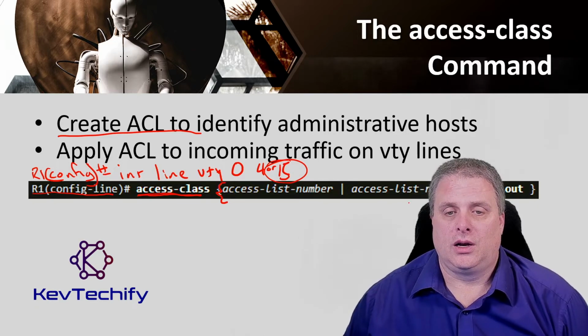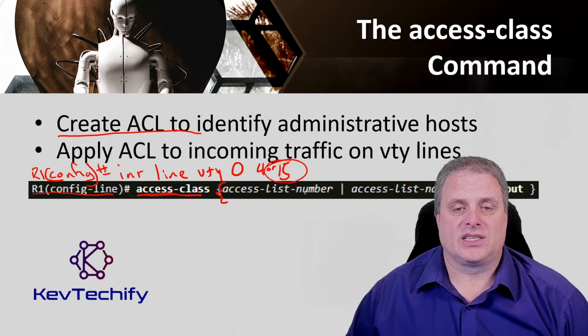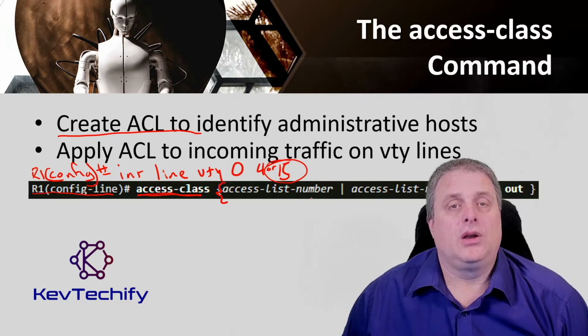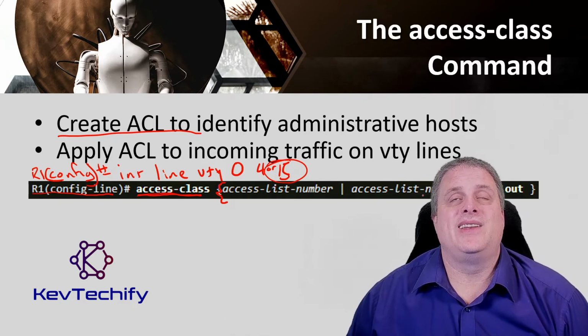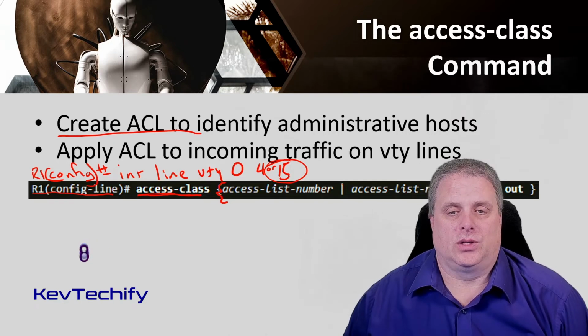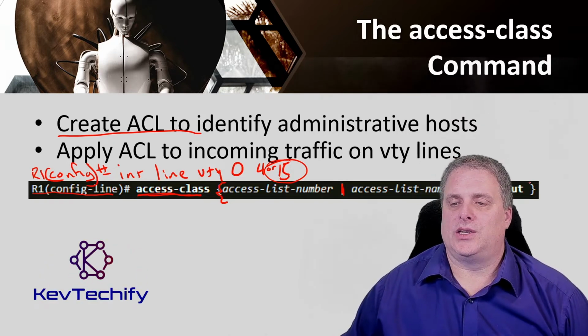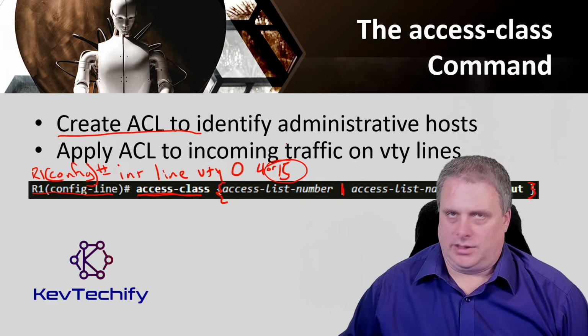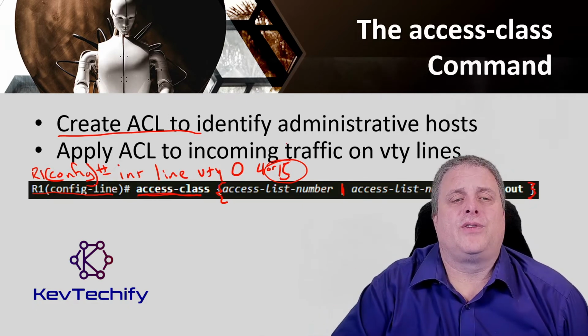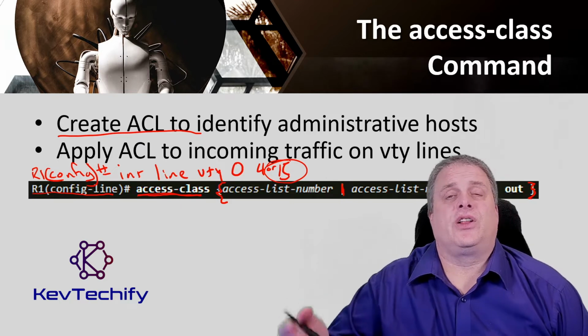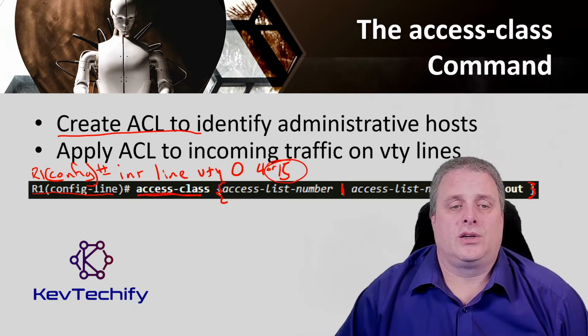We can either choose an access list number if you did a numbered access control list, or you can choose the name if you did a named access control list. And then, are we applying it to the in or the out? That's the other choice you have to make. This is just like applying it to an interface, but now we're using access-class to apply it to our VTY terminals.